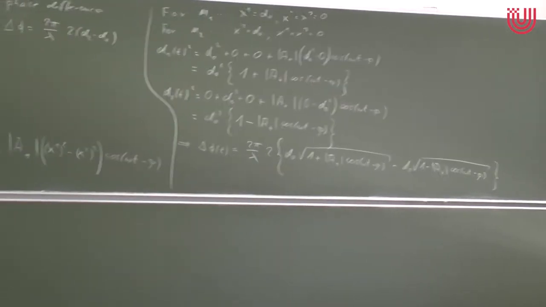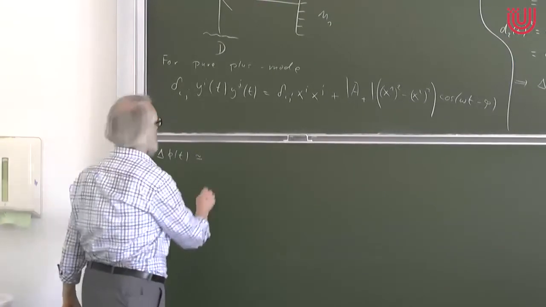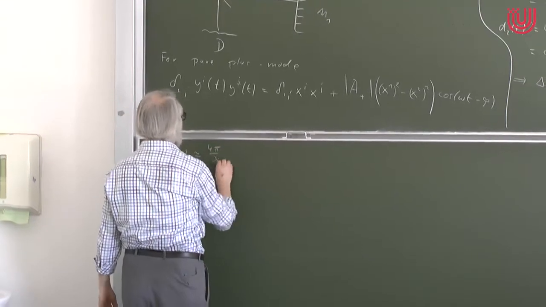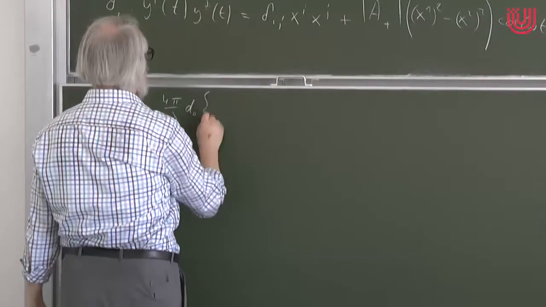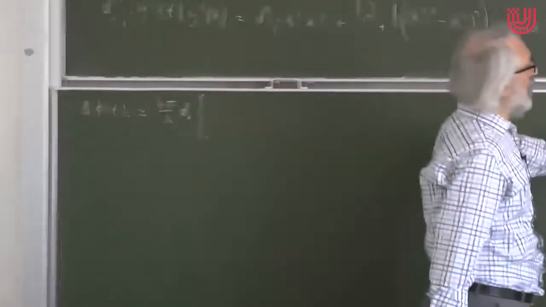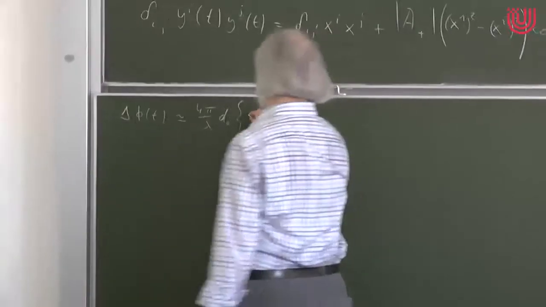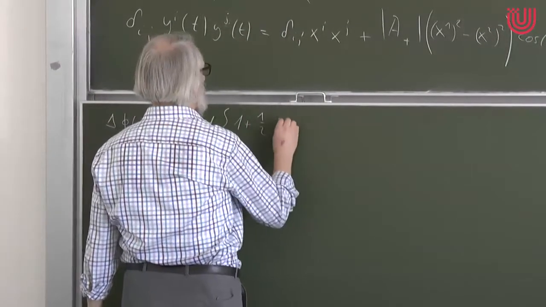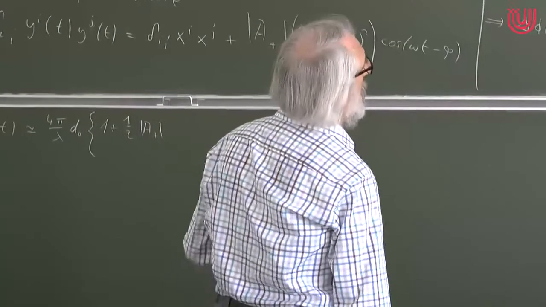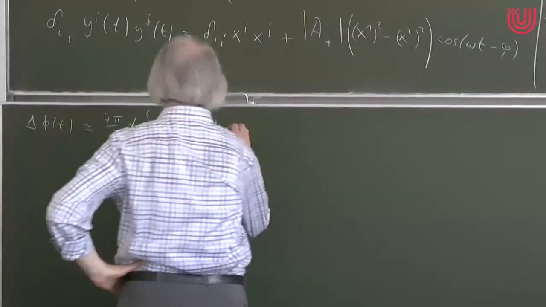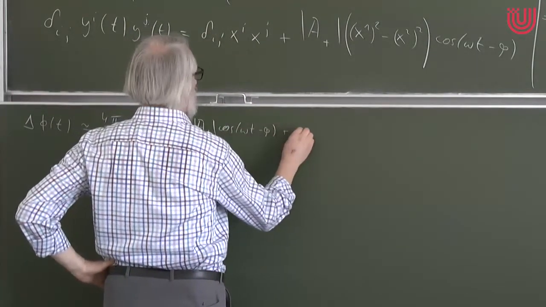And then we get delta phi of t is approximately 4 pi over lambda d0. And if I expand the square root, I get 1 plus 1/2 a plus cosine omega t minus phi plus higher order terms.